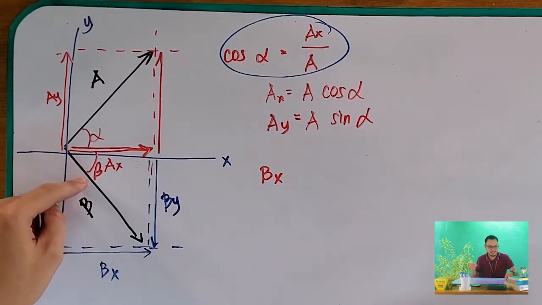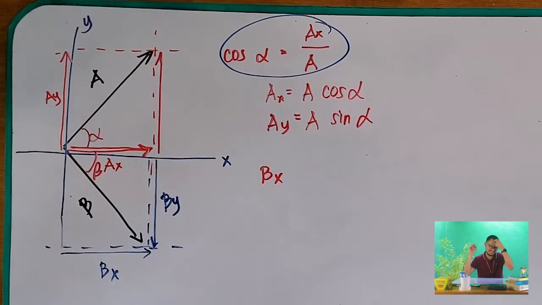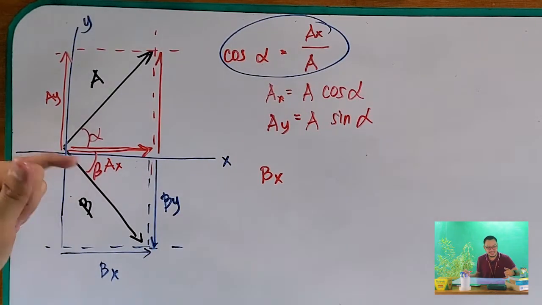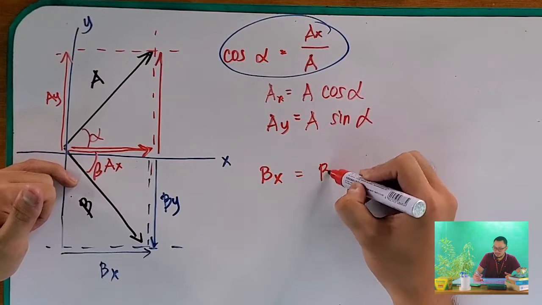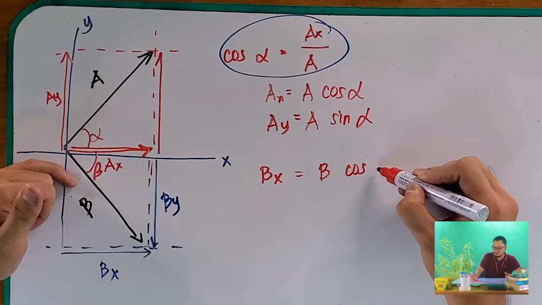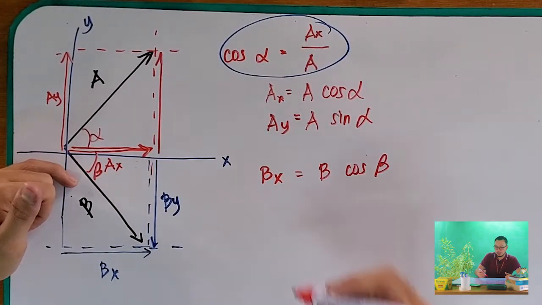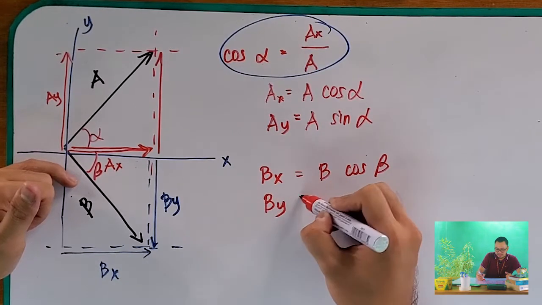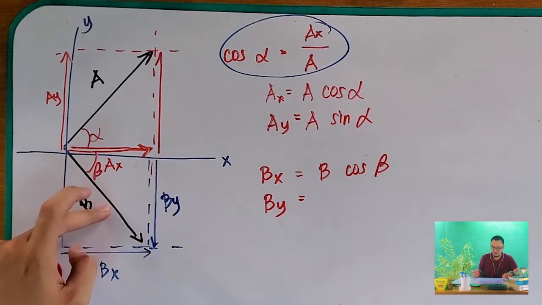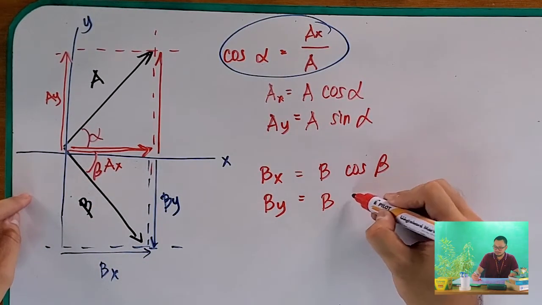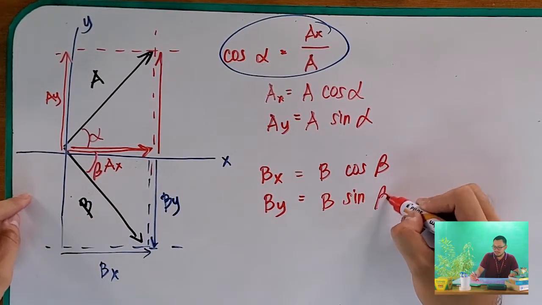Unsa man na siya? So, this is adjacent over hypotenuse. So, B cosine of beta. Kung BY, this is your angle, this is opposite to your angle, and this is your hypotenuse. So, B sine beta.